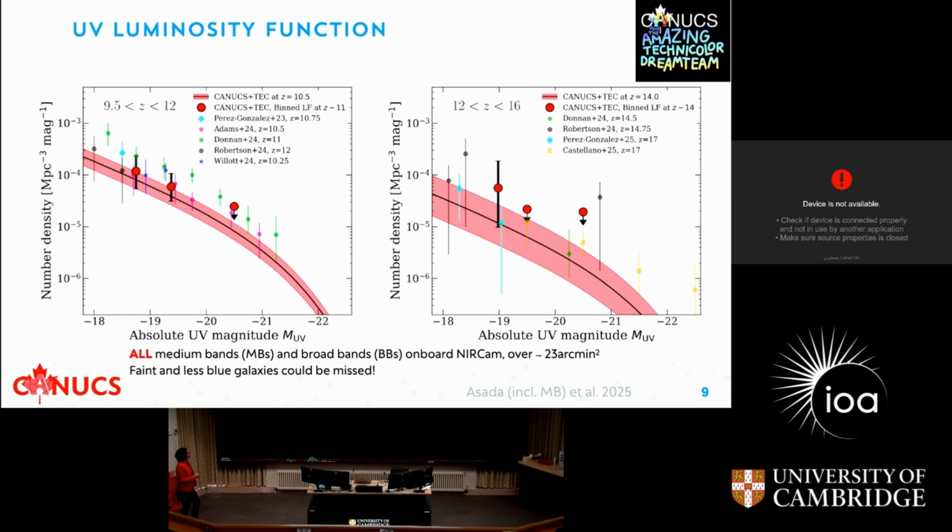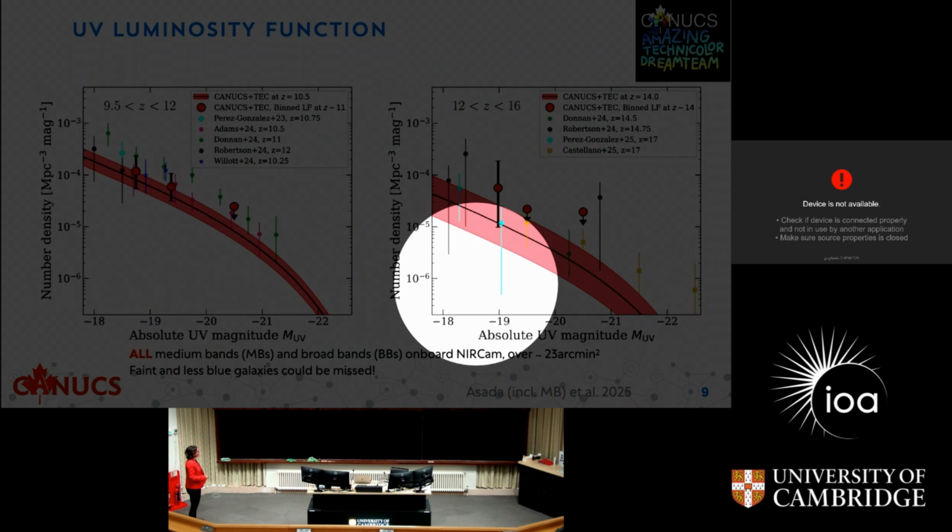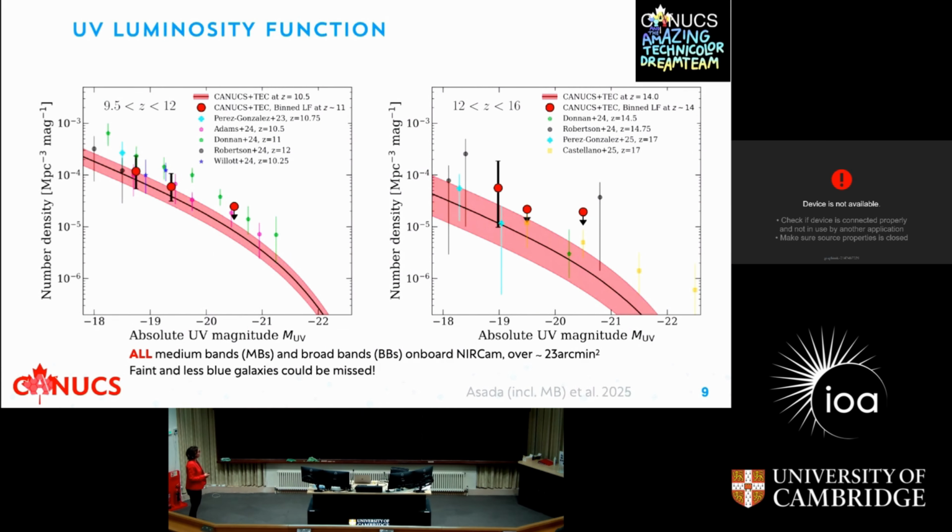And so this is a paper by a graduate student, now postdoc from the Canucks group, that looked at the UV luminosity function not with the standard broadband filters that everybody else was using, but rather we use all medium band filters and broadbands on board of NIRCam, and that's over 23 arc minutes squared.